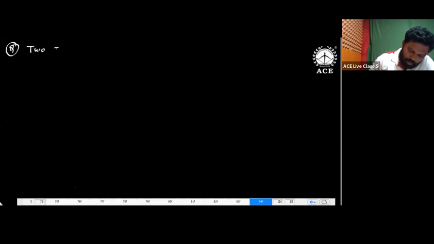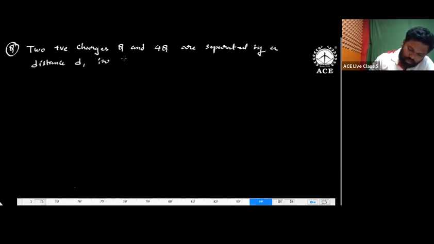Two positive charges, q and 2q, sorry, 2 and 4q, are separated by a distance d in the air.